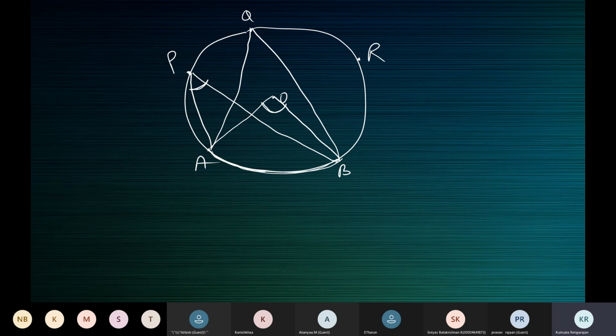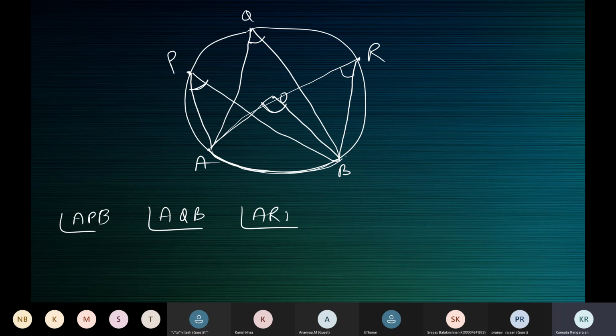The same arc AB makes angle AQB on the circumference. Join AR, join BR. So we see angle APB, angle AQB, and angle ARB. These three angles are made by the same arc AB at different points P, Q, and R on the remaining part of the circle.